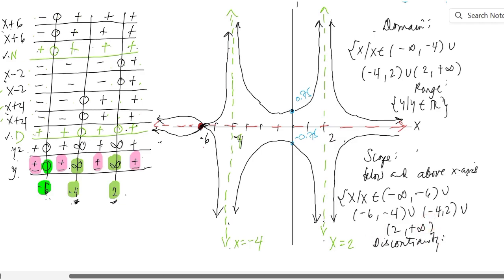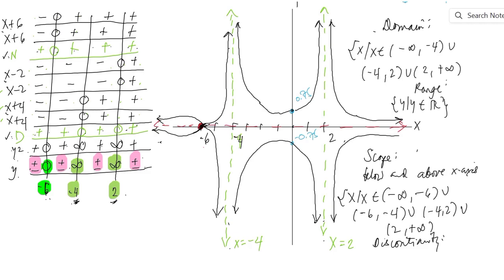For the discontinuity, we only have two values where our function is discontinuous: at x is equal to negative 4 and x is equal to 2. So that will give us any x such that x is not equal to negative 4 and positive 2.